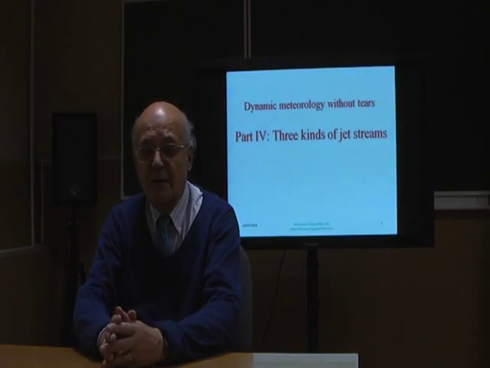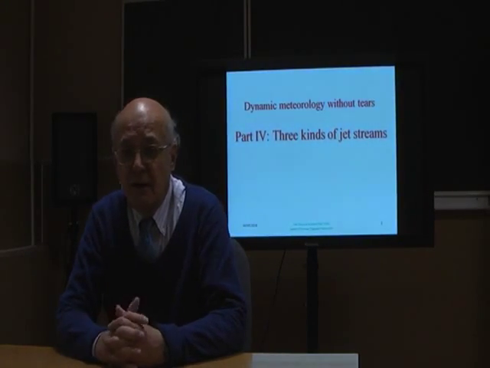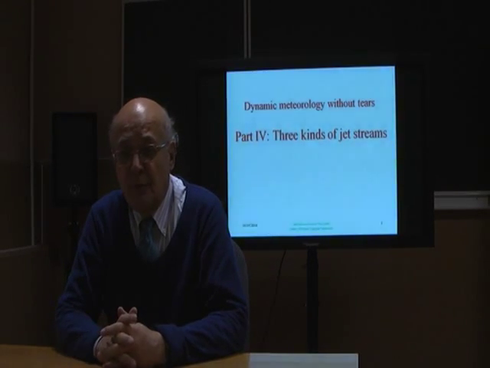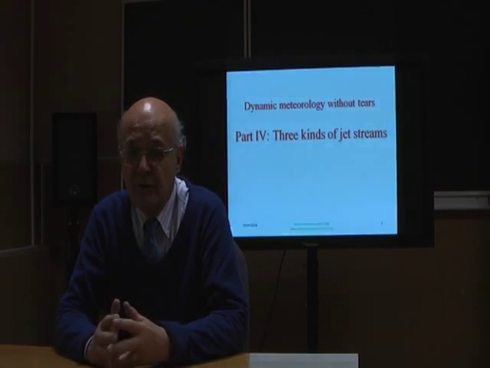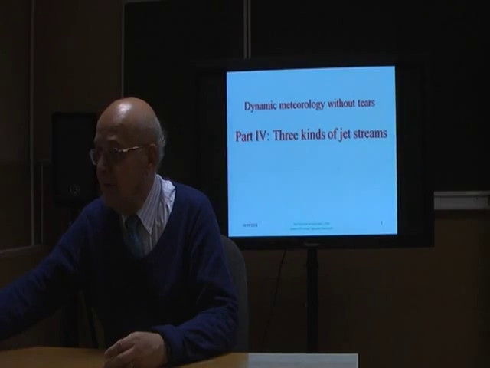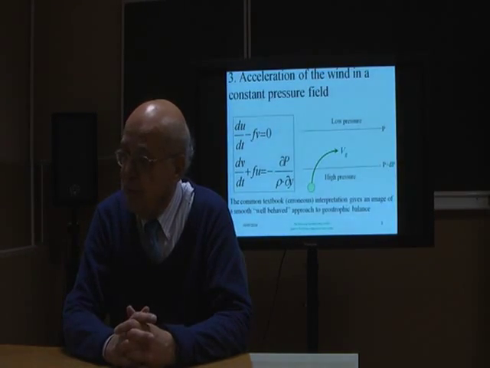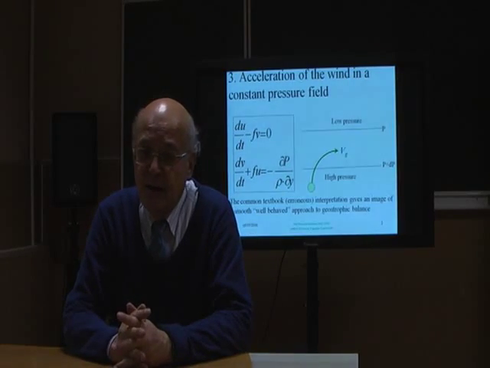So this seminar will make you understand in a qualitative way three important jet streams, why they are there and why they look as they do. And to start, I want to point out this very common illustration.